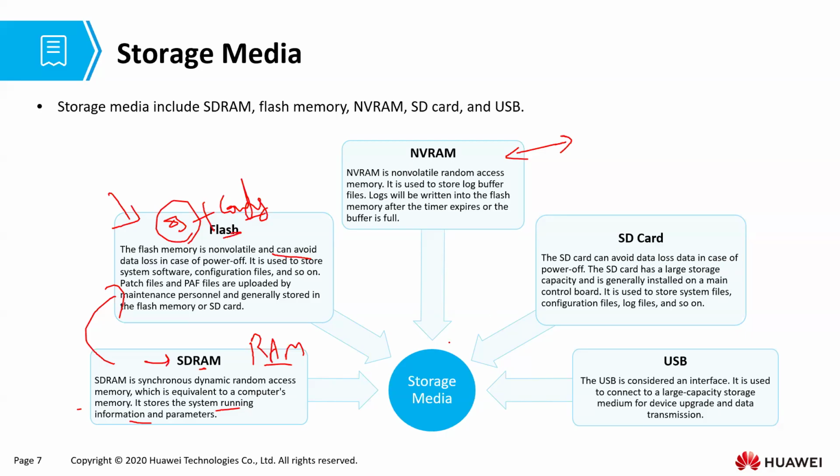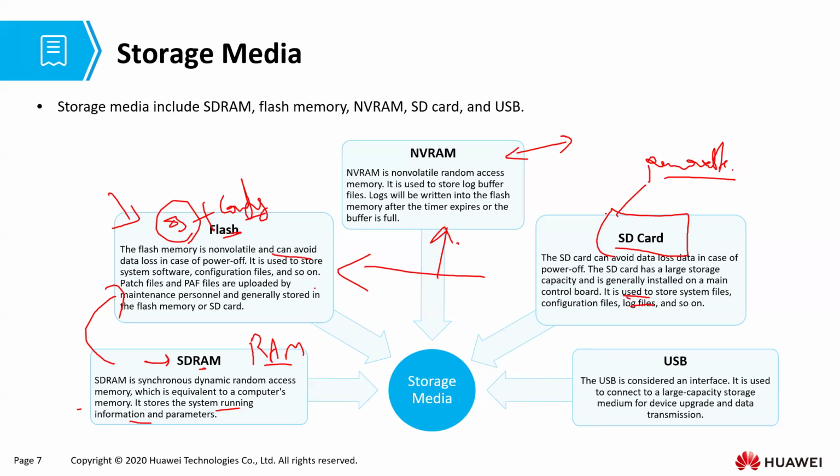So you can see its use is almost the same as the flash plus the NVRAM. But the difference is that it is external, removable storage, having the same function as the flash and the NVRAM.